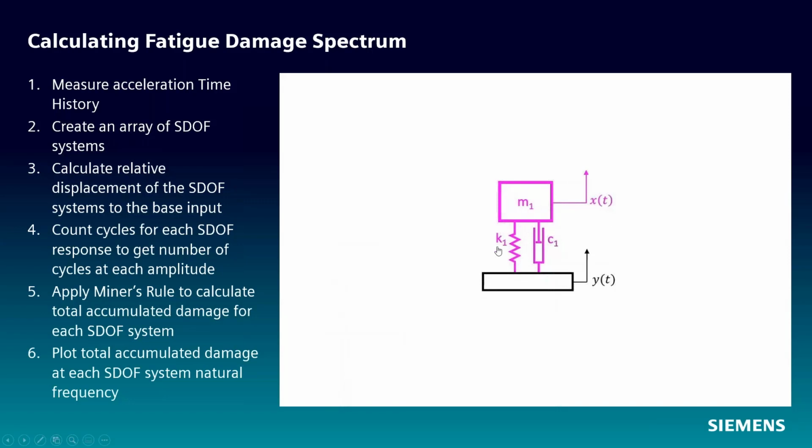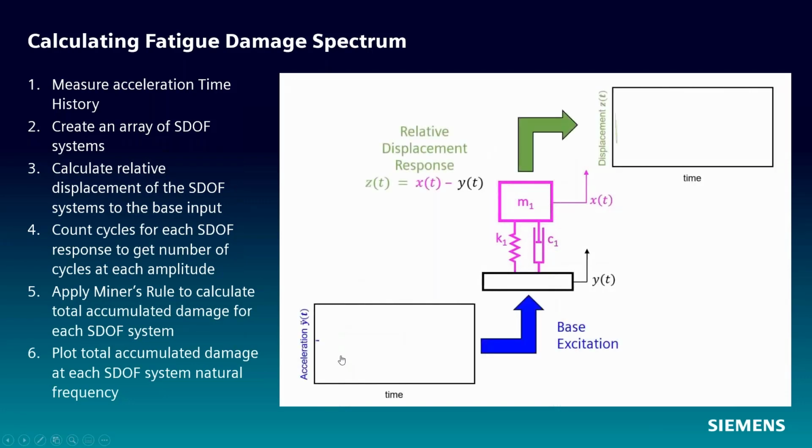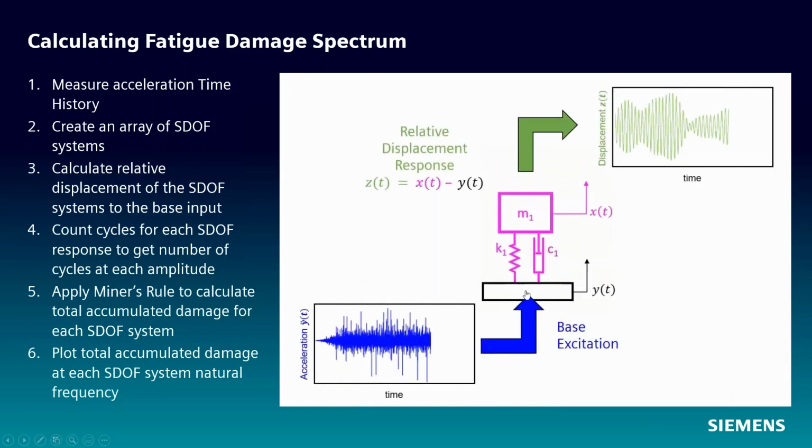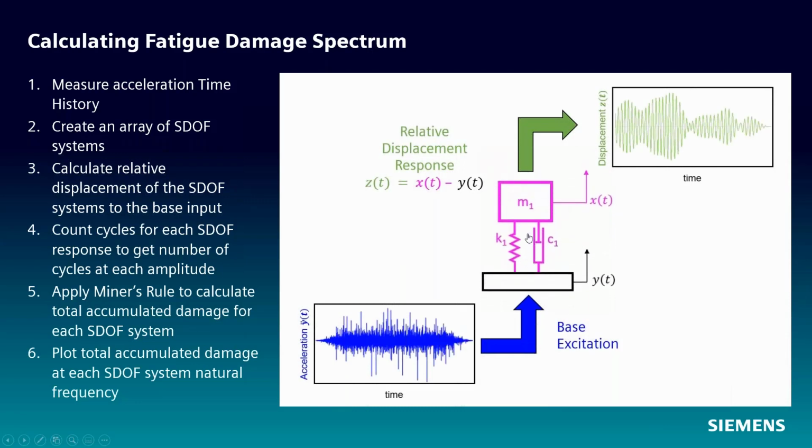So we have our first SDOF system that we've created. And now we're going to apply our time history. That's going to cause this SDOF system to vibrate. And what we're going to look at is the response X minus the input Y. And that's going to give us this relative displacement response.